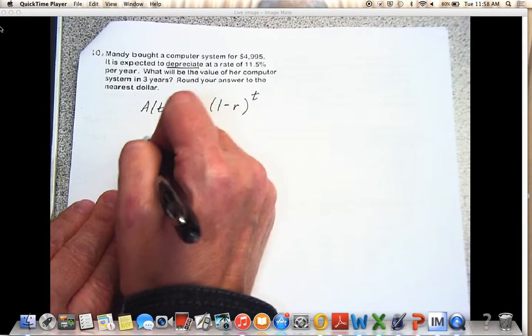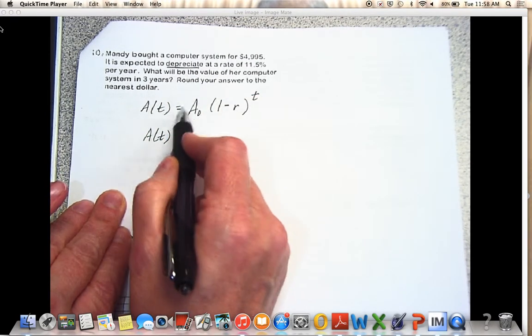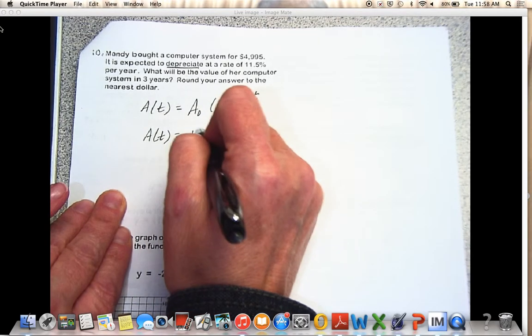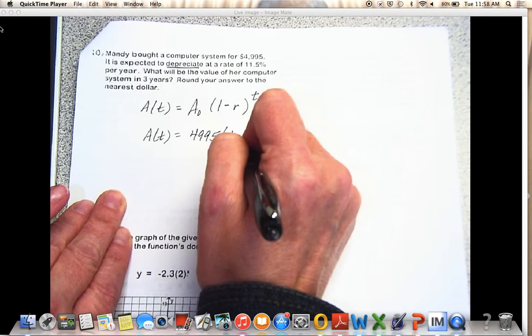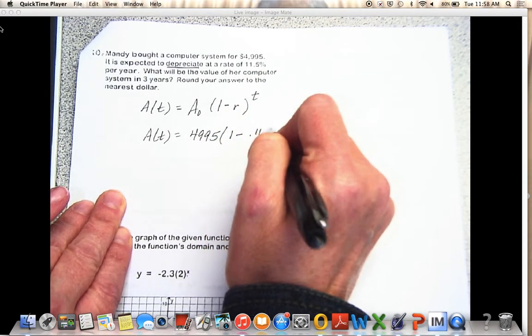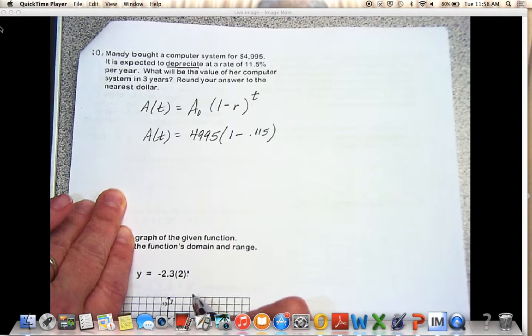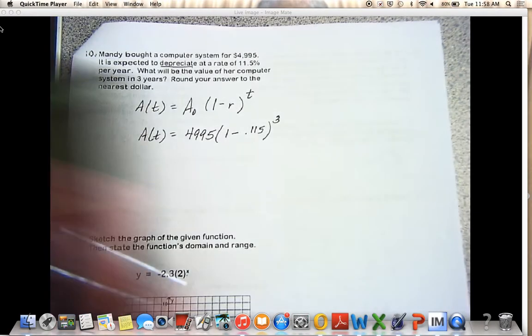So that can stay. But what's the initial amount? What do we buy this for? And then this would be 1 minus our rate that it's decaying is 0.115. And then what was the time period? 3. So our t up there will be a 3.